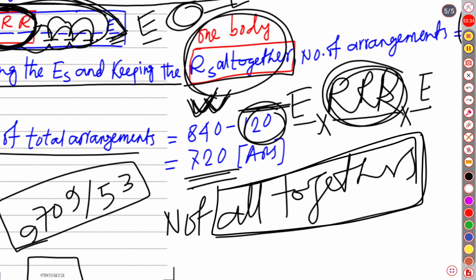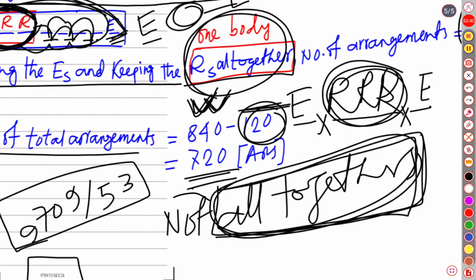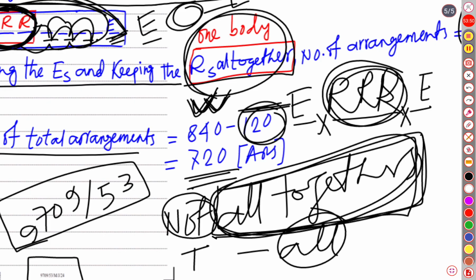If all of them are all together, meaning one unit, and we find that quantity, then for not we will just do the subtraction from the total. From the total, if we subtract the arrangements of all together, then we will get the not all together. So for not, we will subtract all together or one group from all of the arrangements. So this is what the solution is.